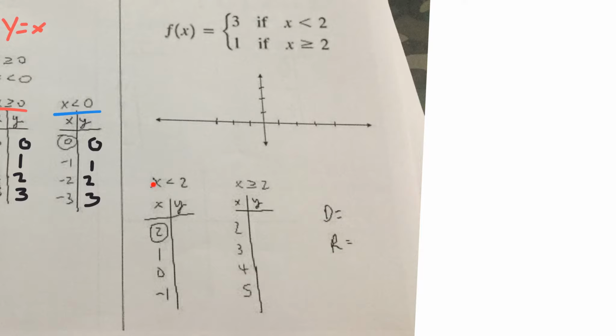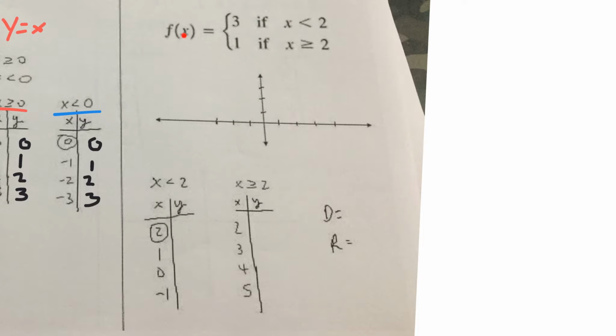So first, let's just plug in 1 because the 2 is the special case. 2 is not really less than 2, so we'll save that one for the end. But let's start with 1. If I plugged in 1, that is x less than 2, so that would fit into this category. If x is less than 2, this is the y rule. This is my function.